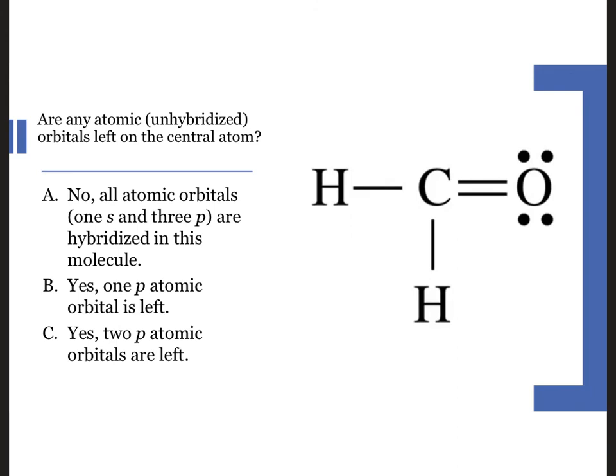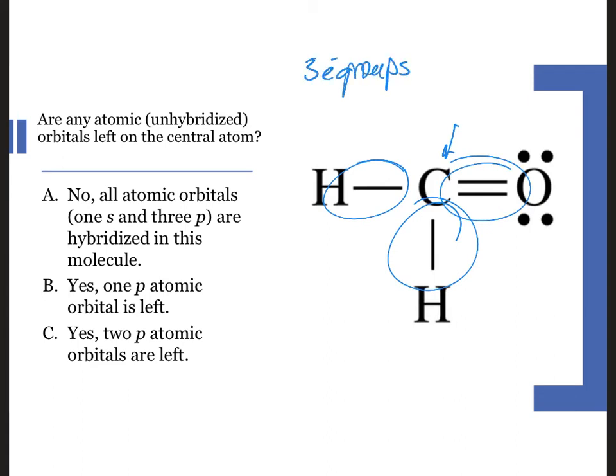All right, are any atomic or unhybridized orbitals left on the central atom? This one makes you stop and really think a minute. The first thing we want to do is look at how many electron groups are around the central carbon. We have 1, 2, 3 electron groups, and that means we need 3 hybrid orbitals. So we're going to have to add 1 s orbital plus 2 p orbitals to get sp2.